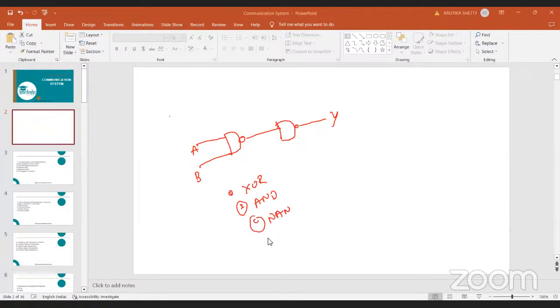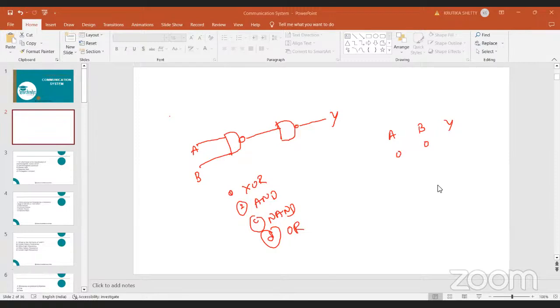How to do that? Here, the first logic gate you have is representing your NAND gate. For the NAND gate, if you consider A, B and Y, in case of an AND gate, this is 0 0, 1 0, 0 1 and 1 1.